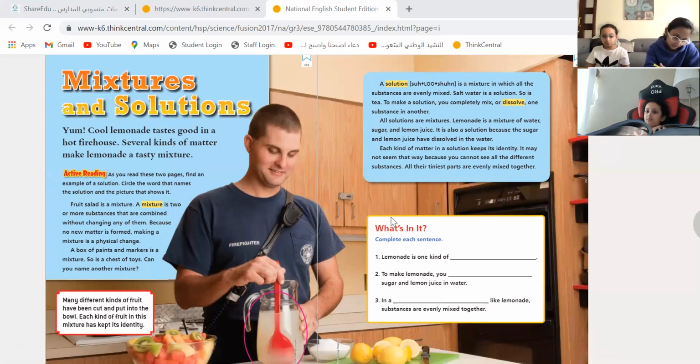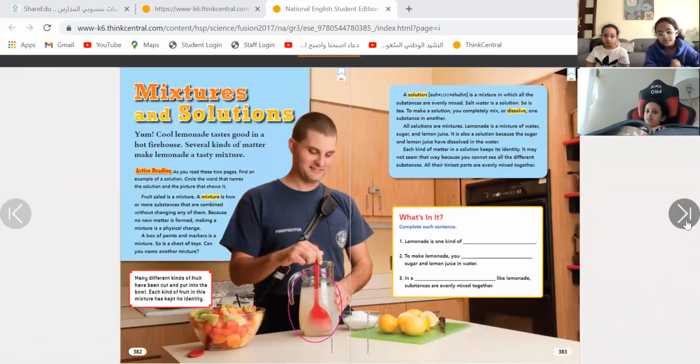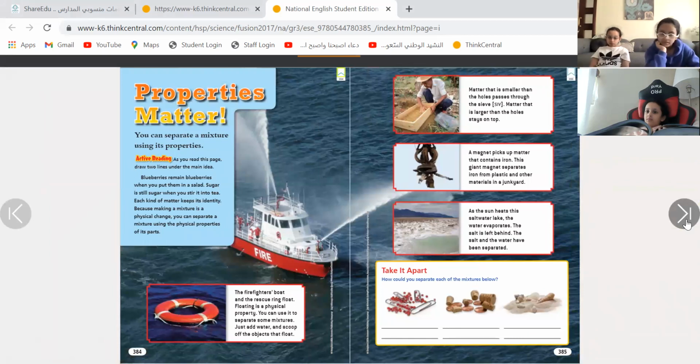All right, girls, today we're going to learn something new. Also, yesterday we were learning about the properties of matter. Do you remember the properties of matter? Yes, well done.